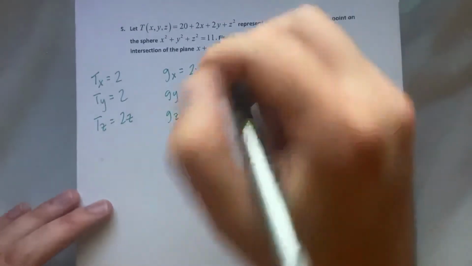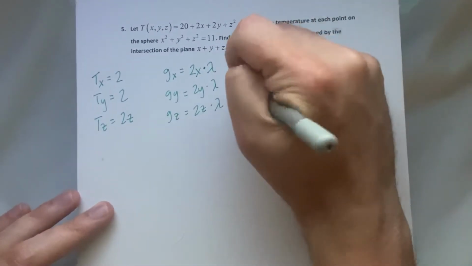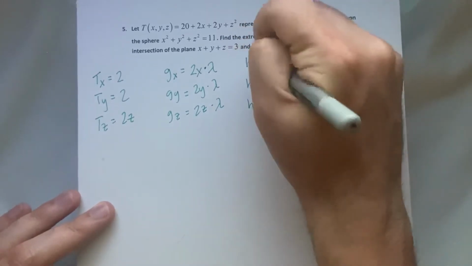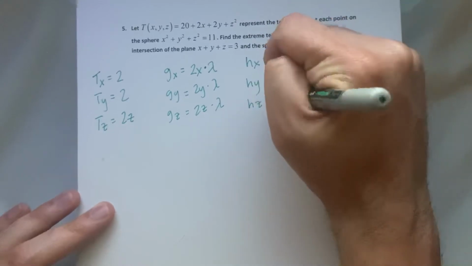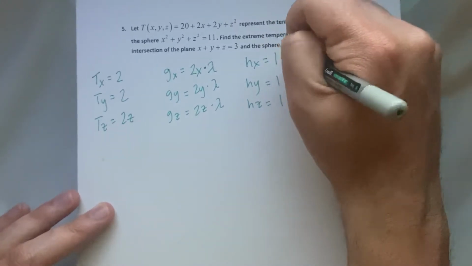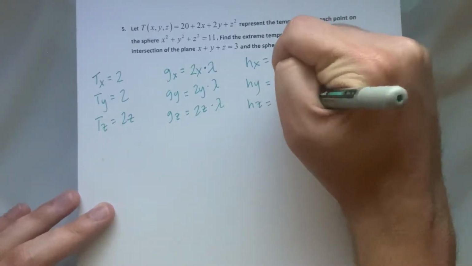Now we have a third function we call h, with h sub x, h sub y, and h sub z. That's our linear function down here. Thankfully the derivatives for all these are 1, but it has to be times a new variable.